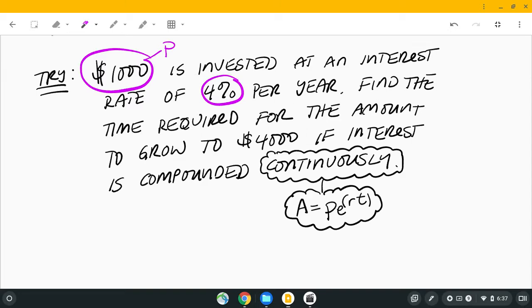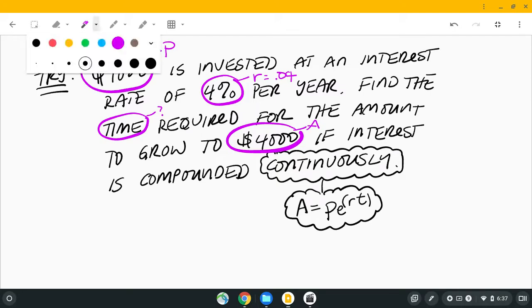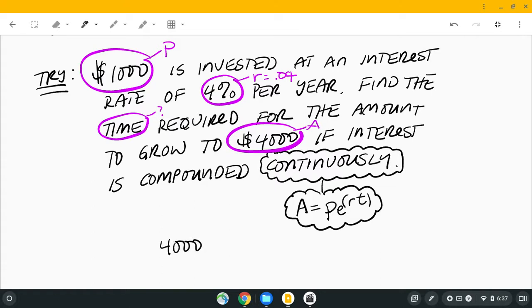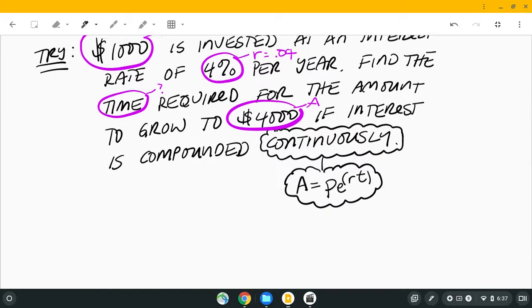This is your interest rate, but we want it in decimals, so 0.04. We're trying to find time, and this is A, which is 4,000. So you have everything you need to solve for T. Go ahead and hit the pause button and try to work this one out, and then come back and see if you get the same answer.